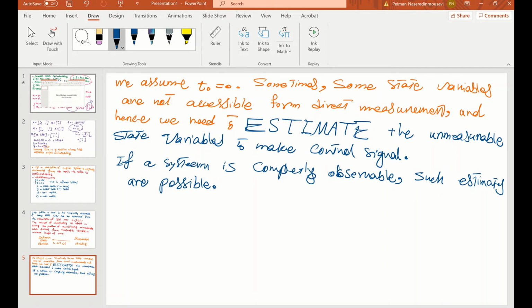So now let us go to its mathematics. In the controllability, we had to check the controllability matrix B, AB, A squared B, up to A to the n minus 1 B, or the output controllability CB, CAB, CA squared B and forward. Now for this LTI system, x dot is equal to Ax plus Bu, y is equal to Cx plus Du.